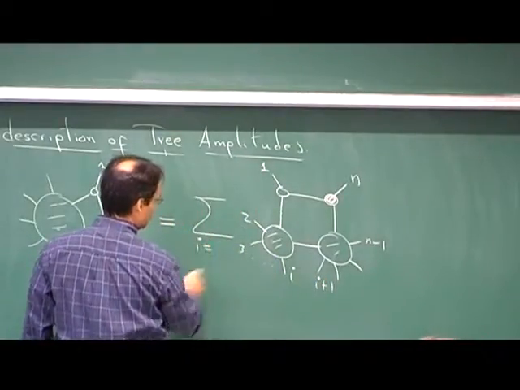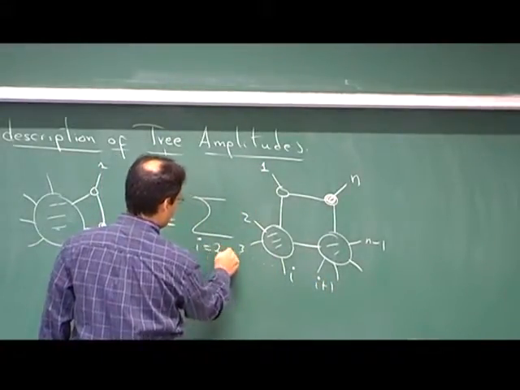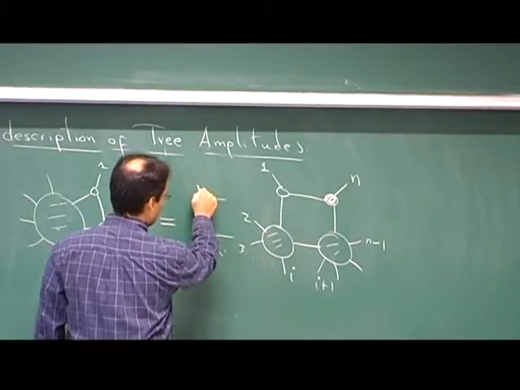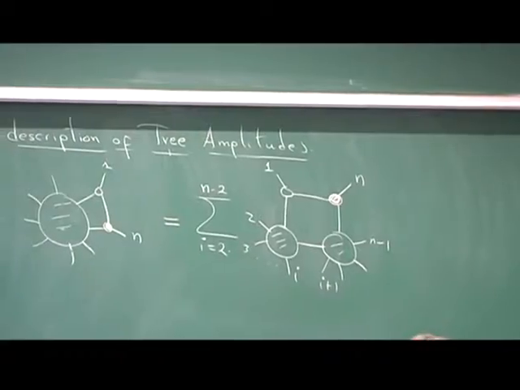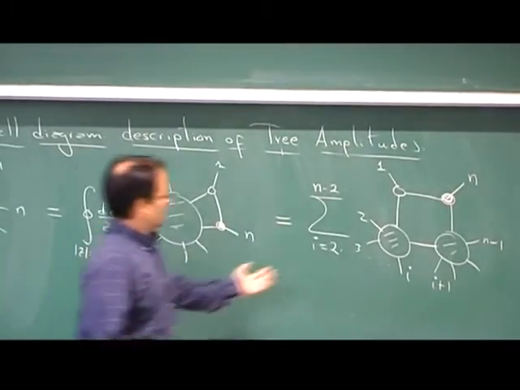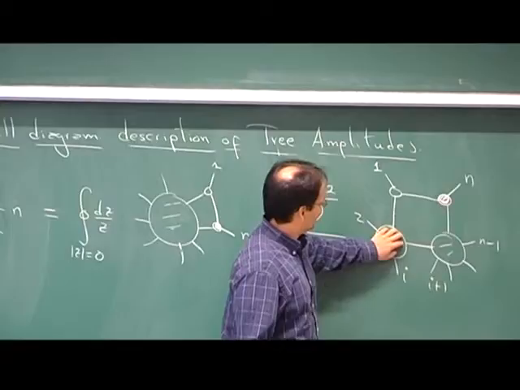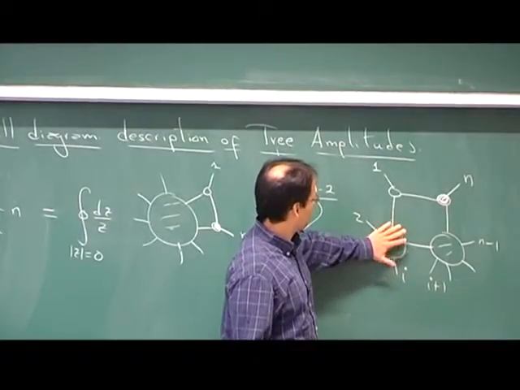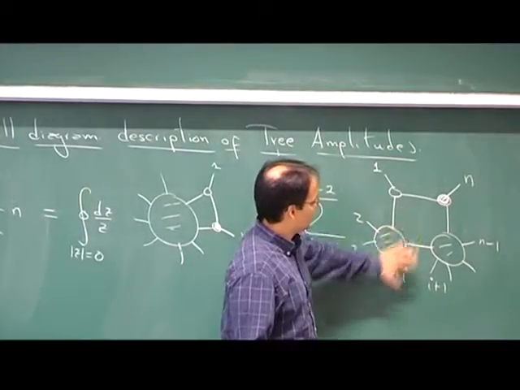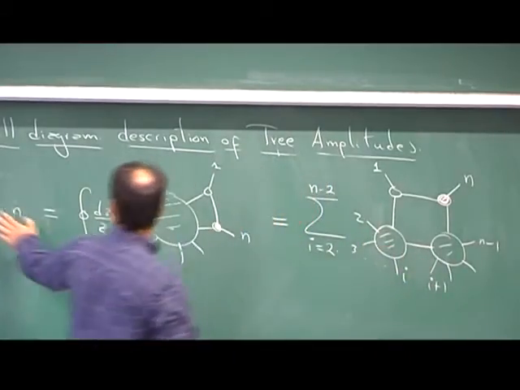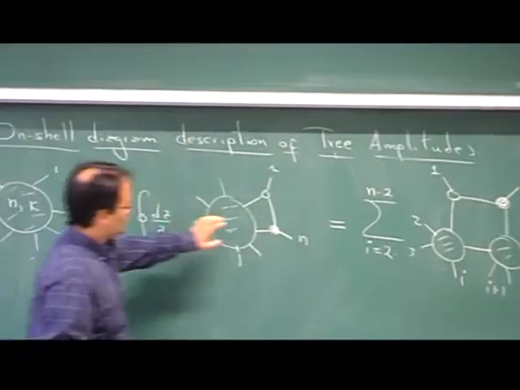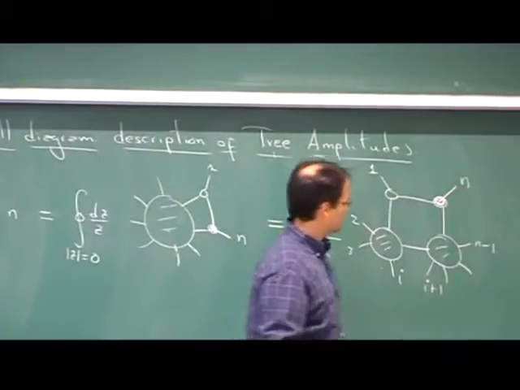Where the sum over I goes from 2 to n minus 2. Okay. Well, again, by induction, we can represent these as smaller objects using the recursion relation again and keep going until we end up with 3 particle amplitudes. And therefore, each term in the BCFW expansion will correspond to a given on-shell diagram.